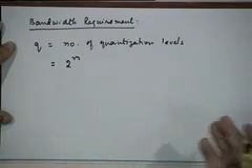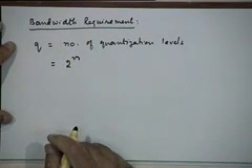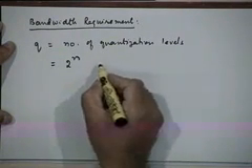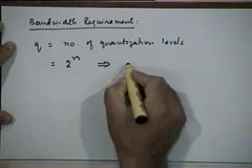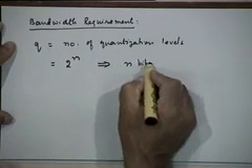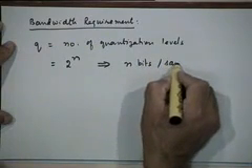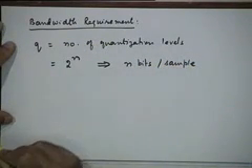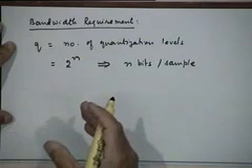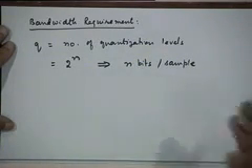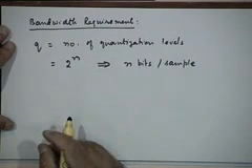So, 4, 8, 16, 32, etc., right, and therefore it will imply that you need to transmit n bits per sample. Is that clear? For every sample that you have, you will have to transmit n pulses, right.